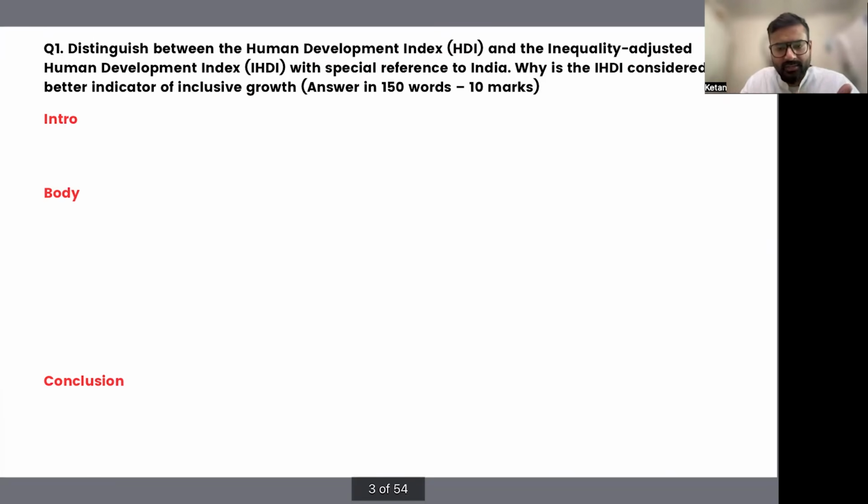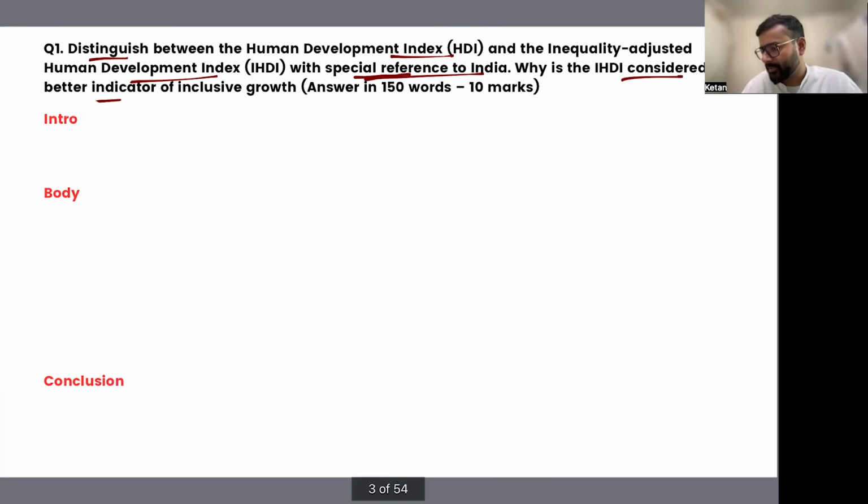Now, the main demands of the question are satisfied in the body. You have to identify what are the main demands of the question. So the demand of the question is to distinguish. First part is to distinguish between HDI and IHDI, and then you have to justify it with a special reference to India and why IHDI is considered a better indicator.